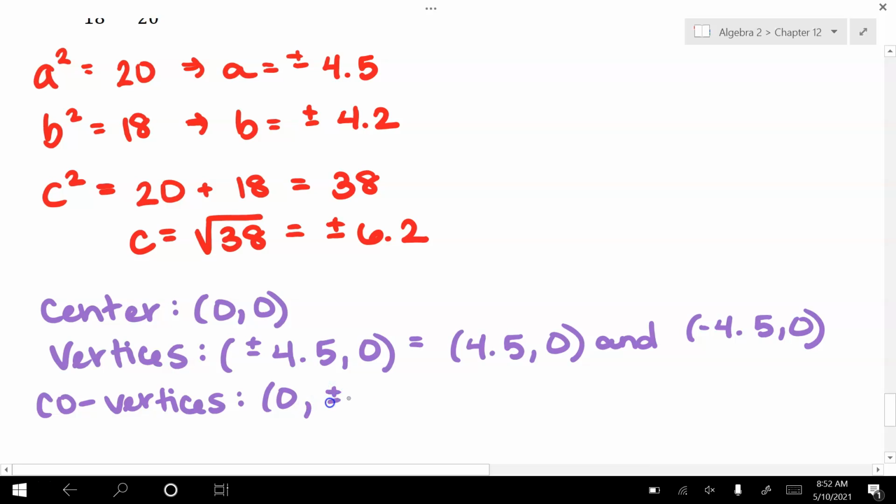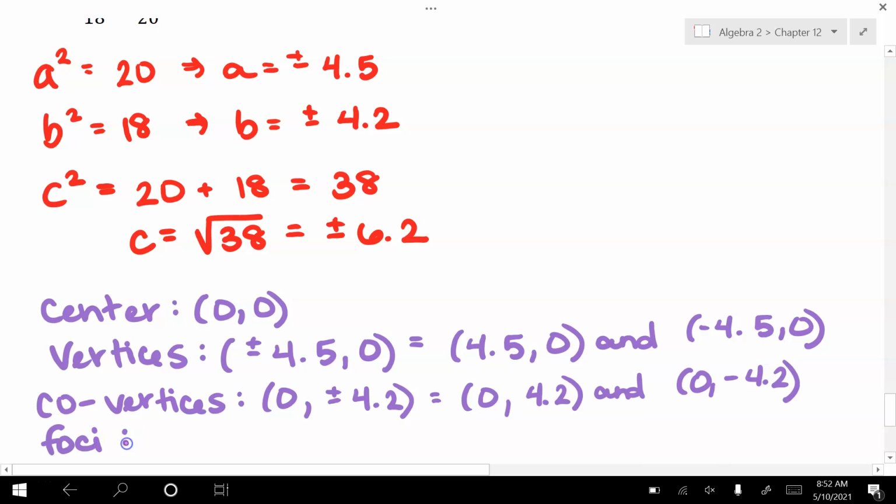So that would be positive 4.2 and negative 4.2. For the foci, that should match what your vertices look like. So our vertices, we did our A term first and then 0. So the foci should be your C term first and then 0. That's going to be plus or minus 6.2, 0.